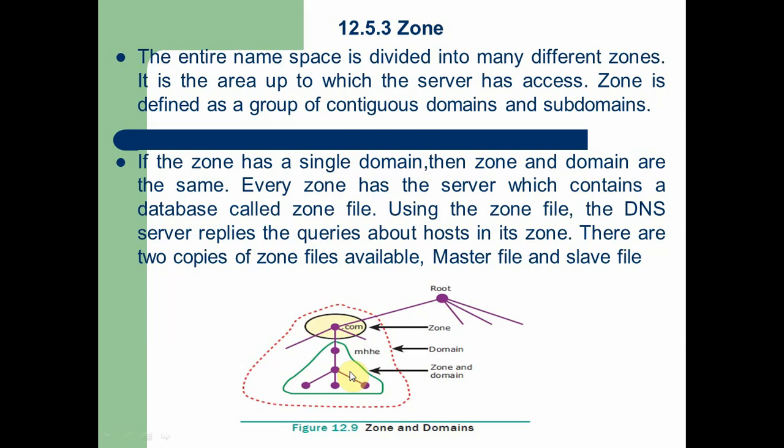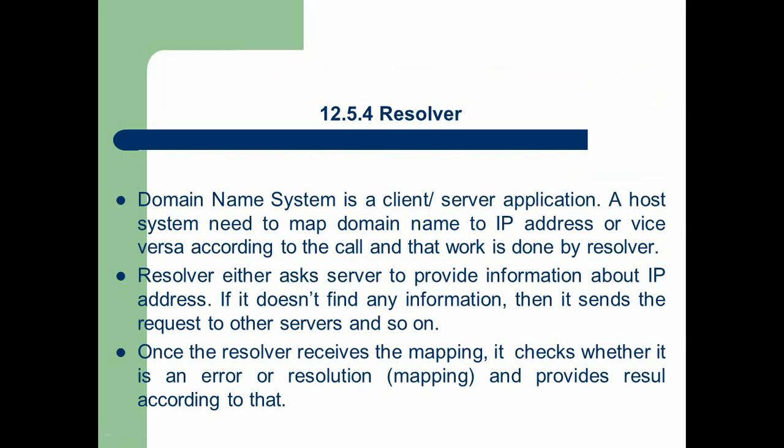Next is the resolver. What is a resolver? The domain name system is a client server application. A host system needs domain names mapped to IP addresses or vice versa, and that work is done by the resolver. So the resolver asks a server to provide information about the IP address.